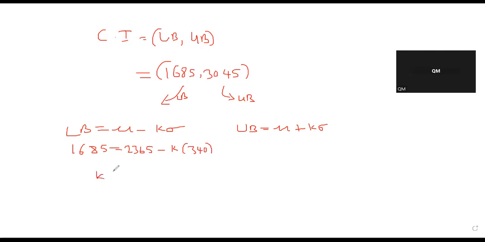K. We make K subject to a formula. So we're going to have 2365 minus 1685. So this will give us 680. When you divide both sides by 340, our K therefore will be 2.